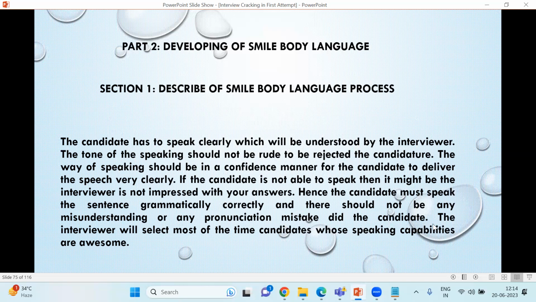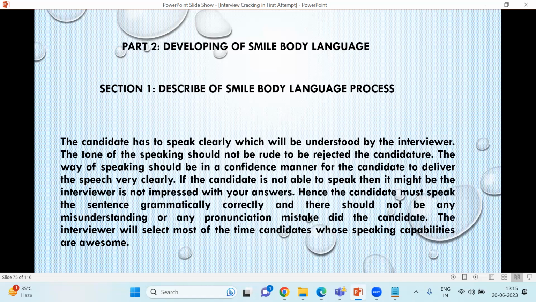The interviewer will select, most of the time, candidates whose speaking capabilities are awesome. So it's basically about the language while speaking in front of the interview panel.